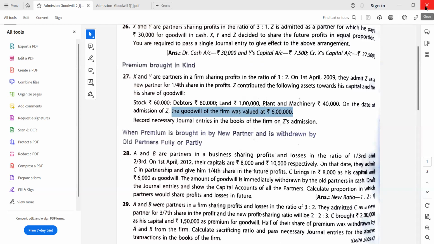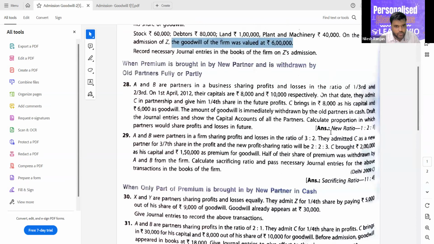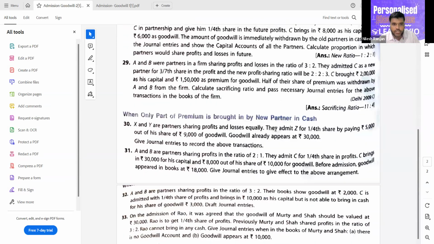I only did till question number 29. The remaining questions I couldn't do. There is a remaining question also. Yes. 30, 31, 32, 33.